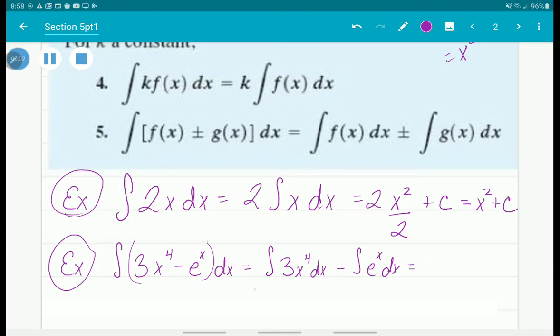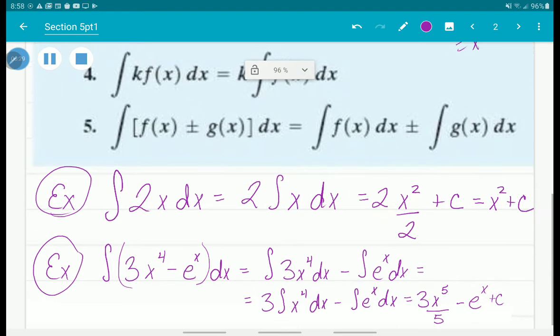We could think about that as pulling the 3 out of the first one. So to integrate x to the fourth, we add 1 to the exponent and divide by the new exponent. And then when we integrate e to the x, it's just e to the x plus c. We always have that plus c on the end.